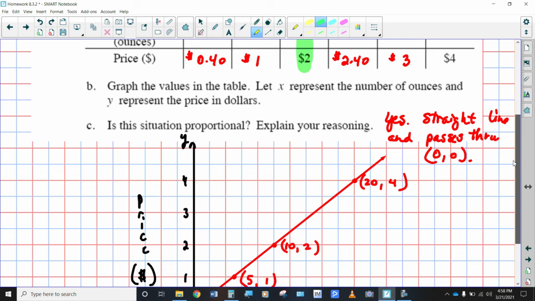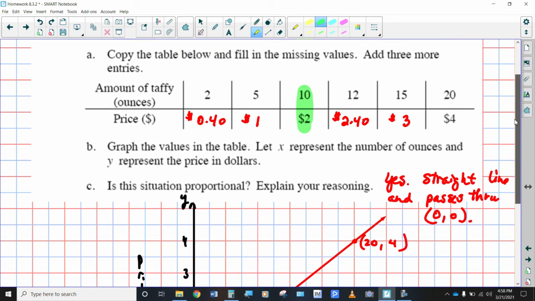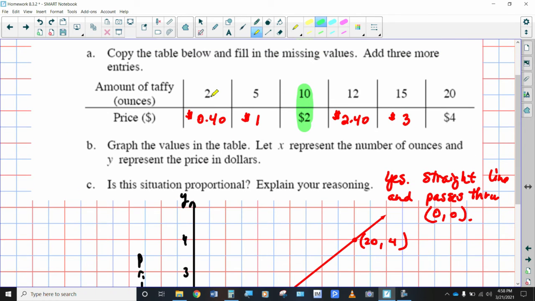And in this case, the unit rate looks like it's going to be 20 cents per ounce, right? If 2 ounces is 40 cents, and 5 ounces is $1, and 10 ounces is $2, and the unit rate, which we could use here, is going to be 20 cents per ounce. So 5 times that is 1, 10 times that is 2, and so on and so forth.